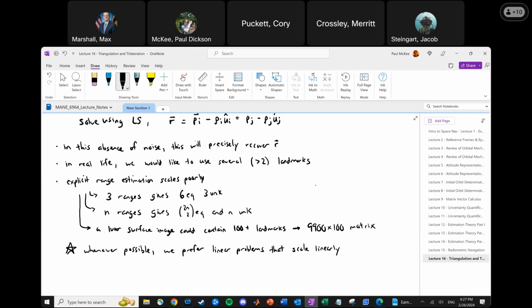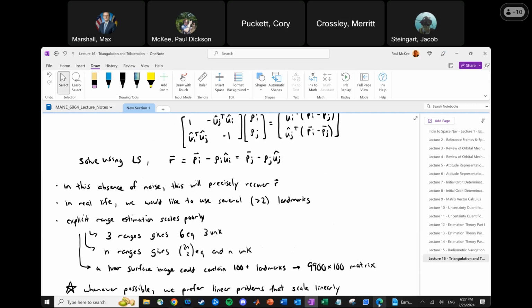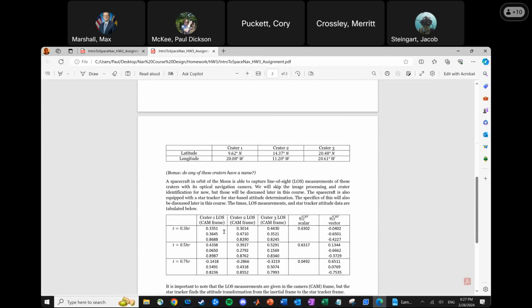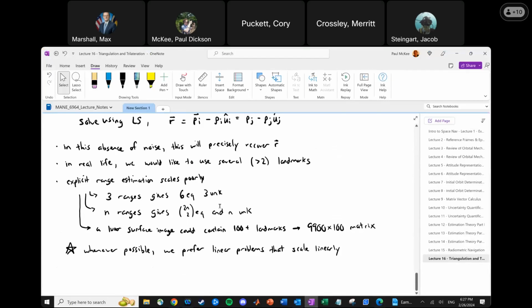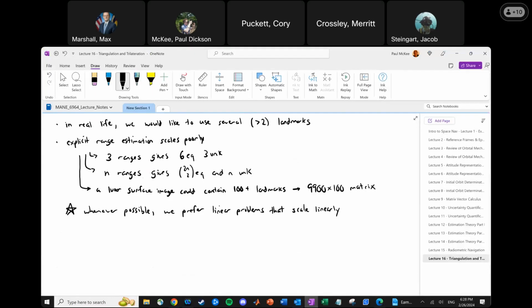So explicit range estimation, totally fine if you have 2 measurements. In the homework, you might have guessed, we have a triangulation problem coming up. I gave you 3 measurements. So you could give it the old college try, although I tend to prefer, and I'm clearly biased, this next method that we're going to talk about, which is called the direct linear transform. But so before we move on, any questions about explicit range estimation?